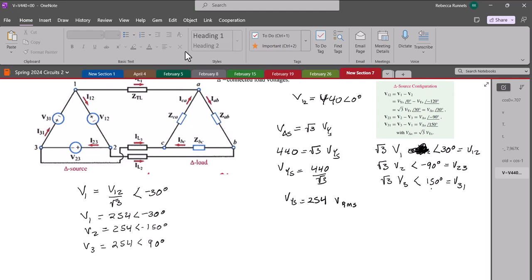So, in summary, all I did there was whatever V12 was, I divided it by square root of 3, and then I took the angle and subtracted 30 degrees from it, and then I went in positive phase sequence. So this is what I'm going to use for my single line equivalences there.